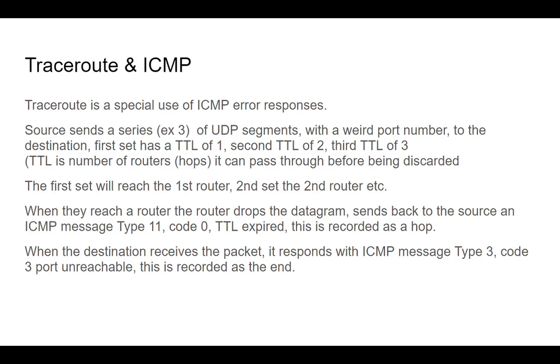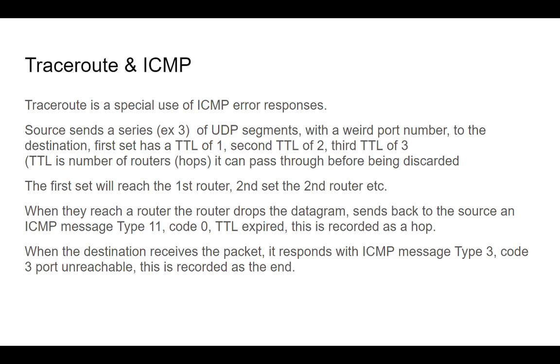This is the way the IP layer works. If my TTL is 100, then I can go through 100 routers before we can't find it. So we start with 1, 2, 3, and so on, and we go up. What happens is the first one reaches the first router, the second will reach the second router, and so on. When they each reach a router, the router drops the datagram and sends back a message saying TTL expired.